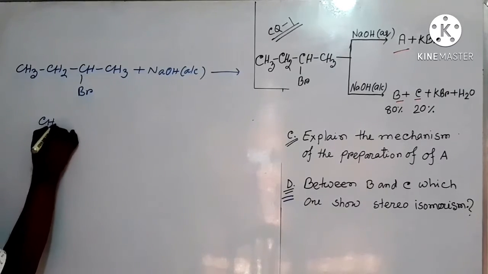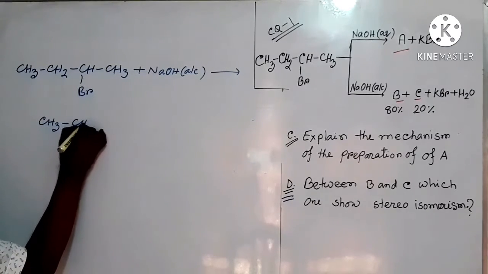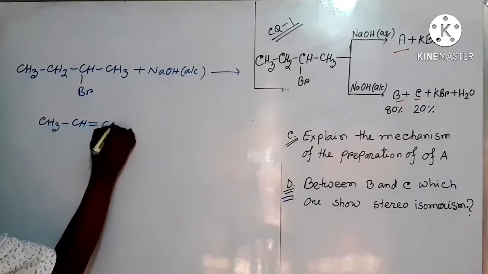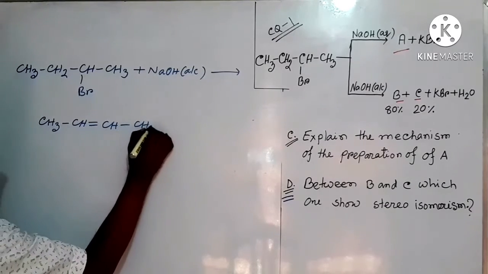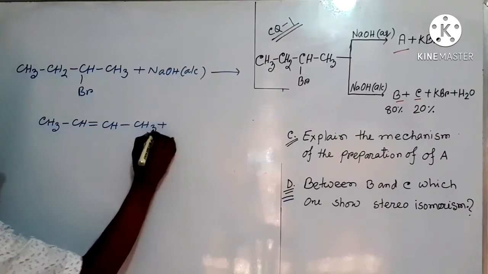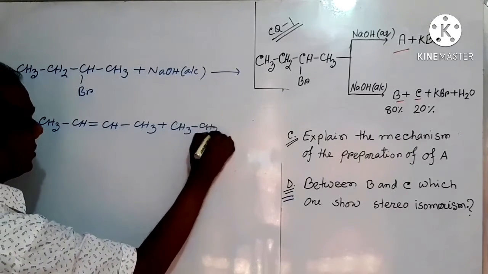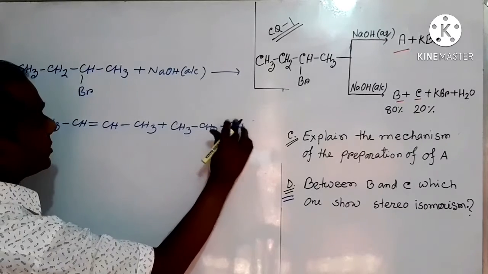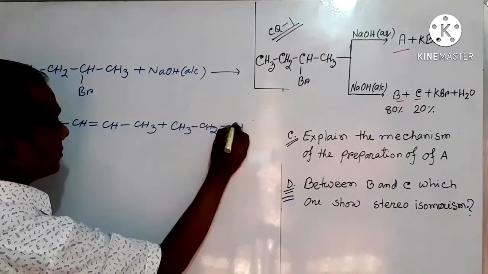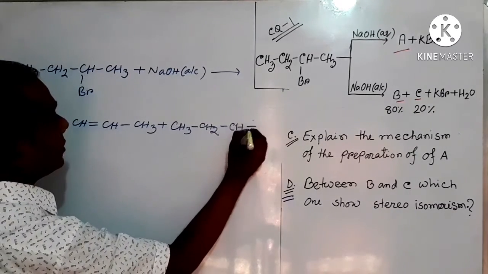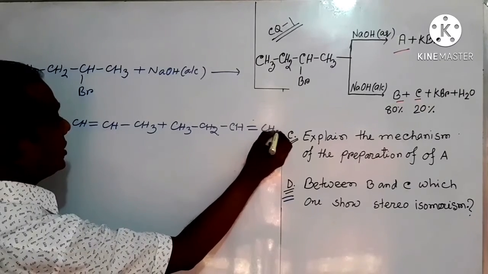The first one is CH3CH=CHCH3, and the second one is CH3CH2CH=CH2.